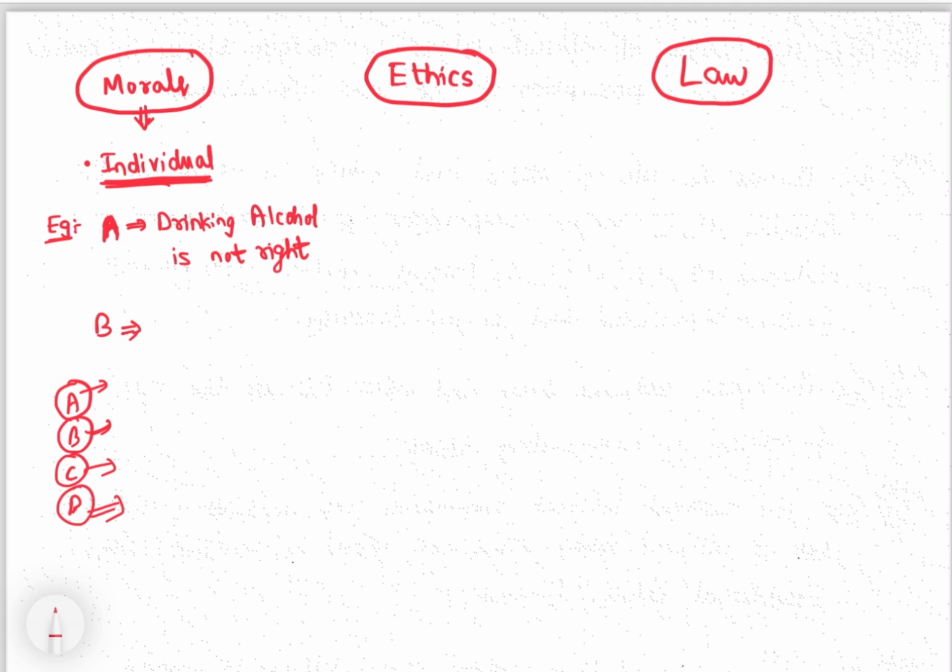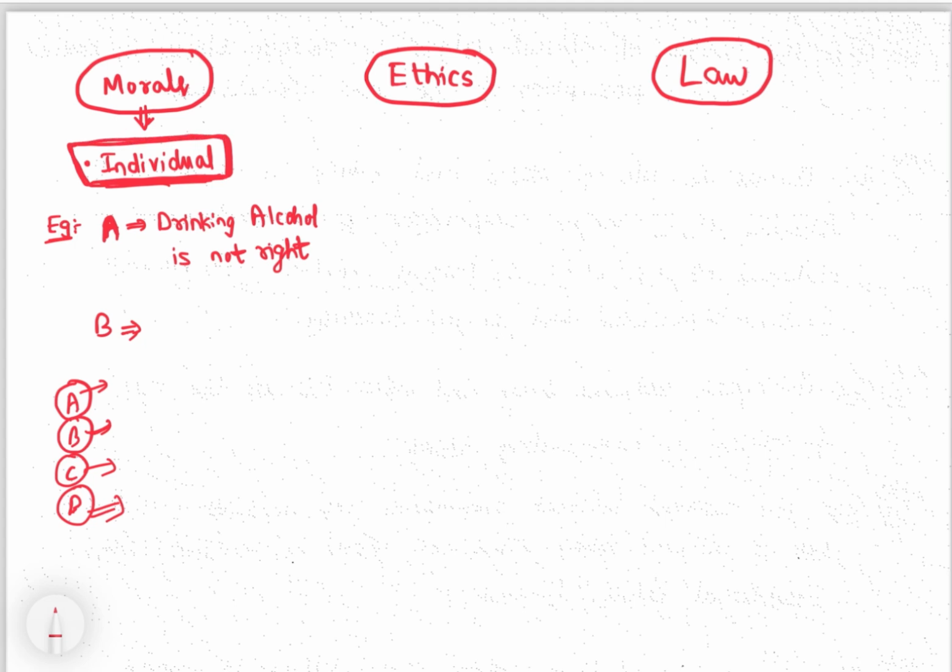Based on their knowledge, based on their experiences, based on their upbringing, everyone thinks this is right, this is wrong, right? So that is called morals. So morals are individual centric, that is every person has their own set of morals, okay.